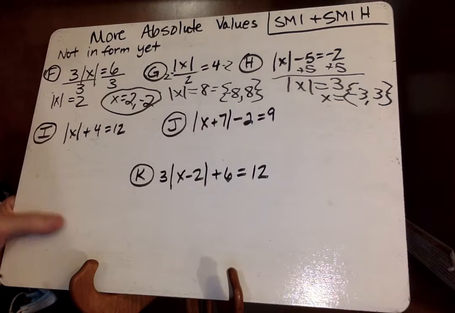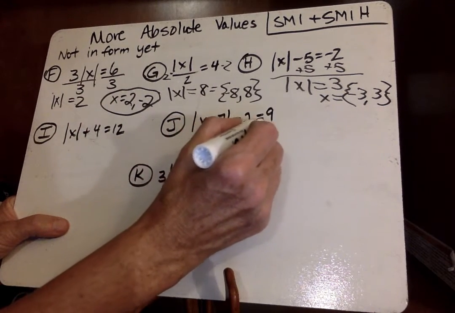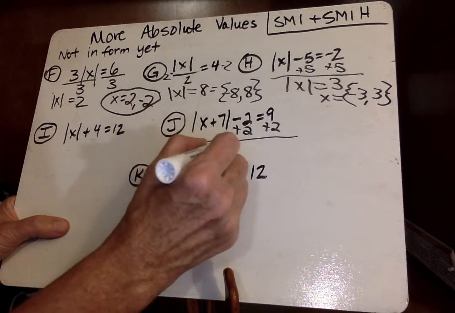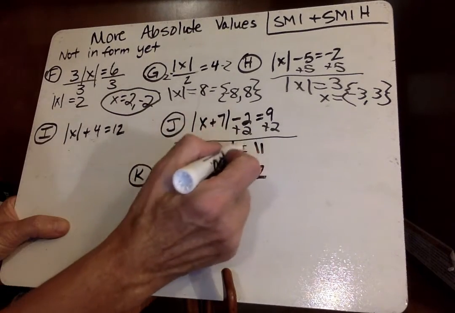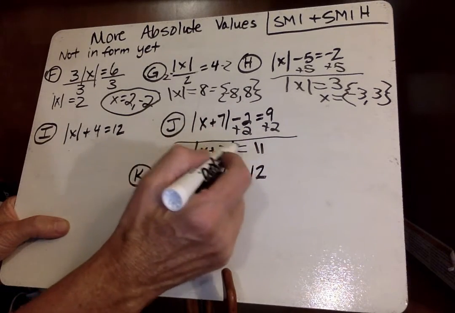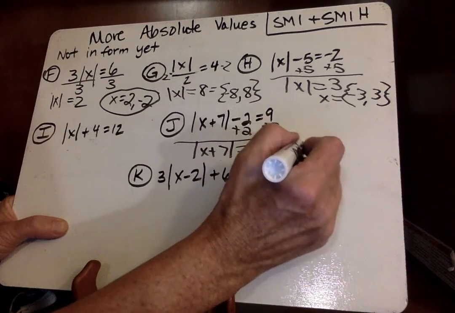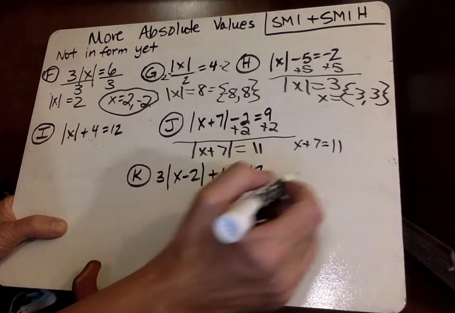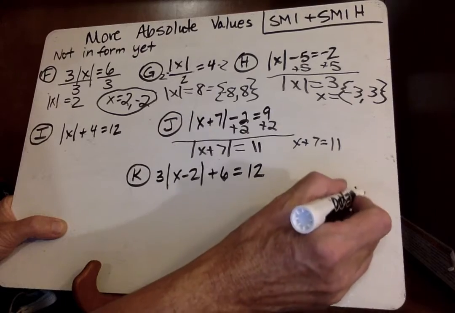Okay. All right, I'm going to skip I and go here and go add 2. Add 2 first. Absolute value of x plus 7 equals 11. Okay, I'm double checking to see if this is a negative number, and it's not, so I can make my two equations. X plus 7 equals 11. And we could have x plus 7 equals negative 11.